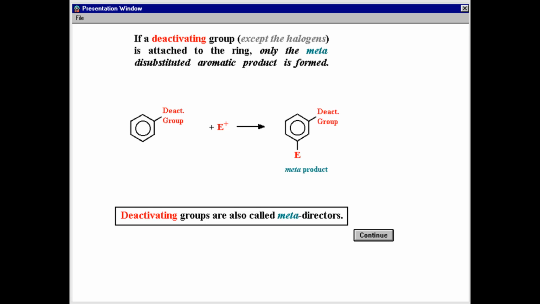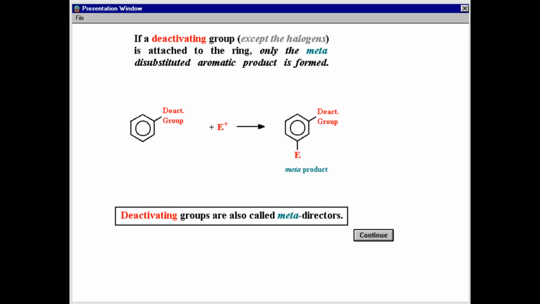There's Zaitsev and a Hofmann product, right? There's, you want the most substituted double bond versus removing the least hindered hydrogen in E2 reactions. There is selectivity in free radical halogenation, and then there's pure statistics, right? So there's one and the other.